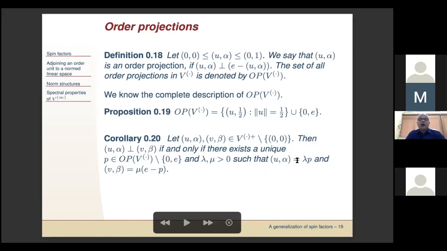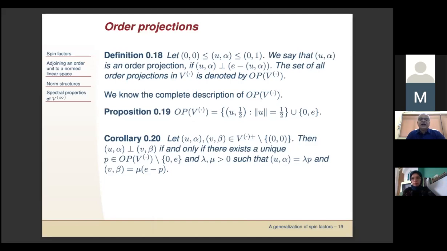We know what P is. P is precisely (v, half), where v is u divided by twice the norm of u. Just follow this description and you get it from here, and then use, of course, the characterization of orthogonal pairs.